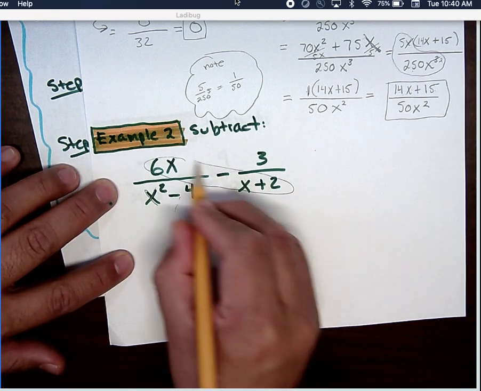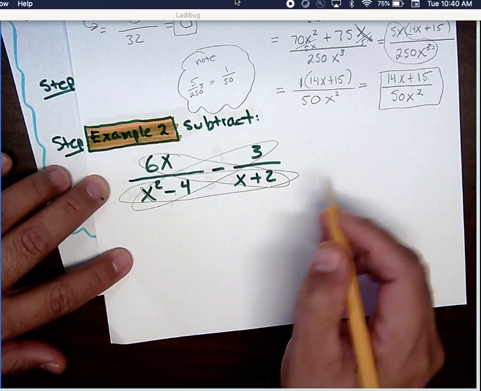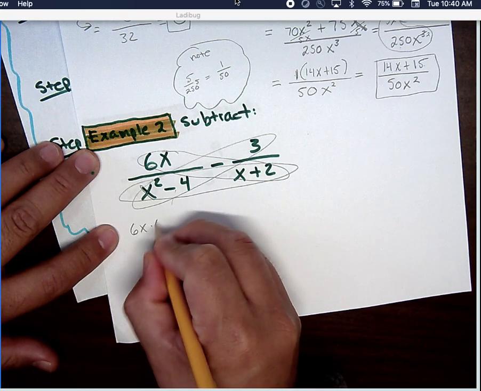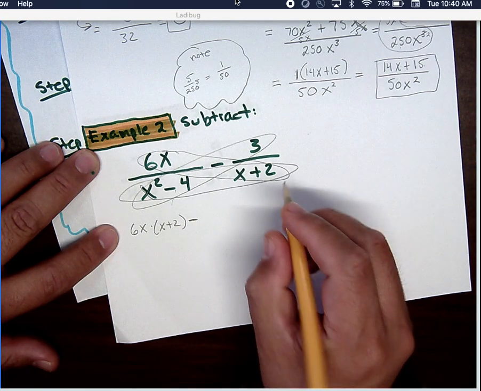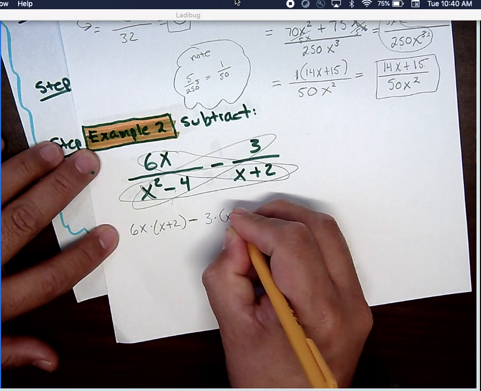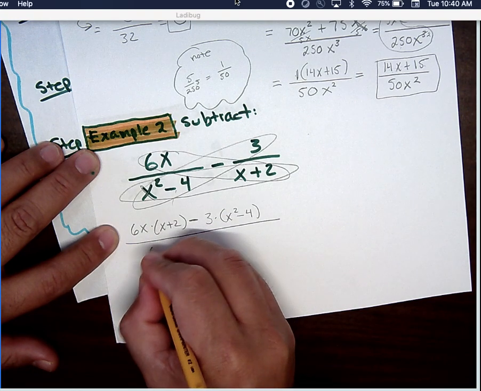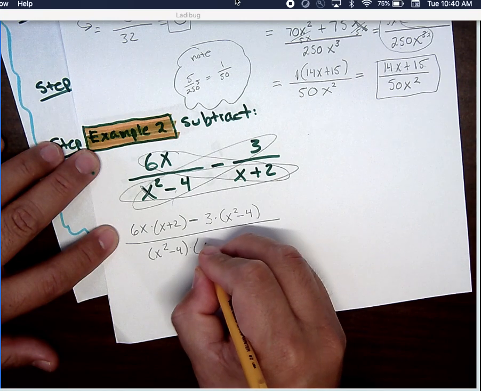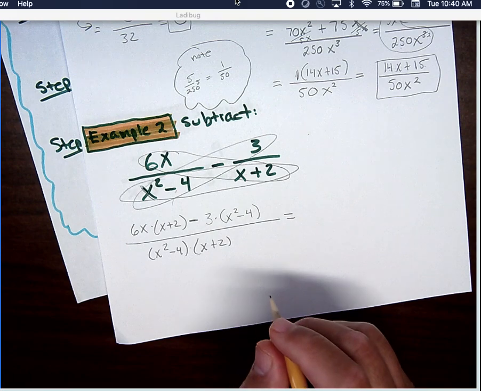So again, this times that, and then that times that. So 6x times x plus 2 minus 3 times x squared minus 4 over x squared minus 4 times that one, x plus 2. So let me see what works better.